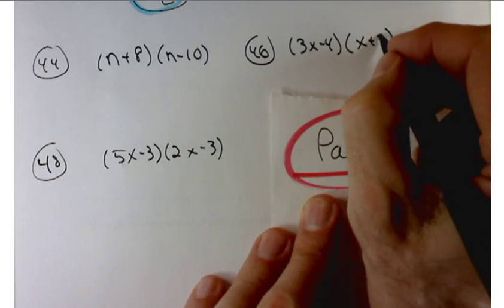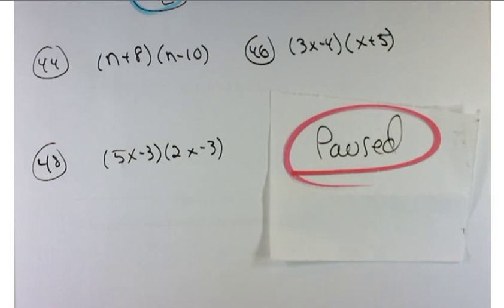This is a 5 in case that's not clear. N plus 8 times n minus 10.